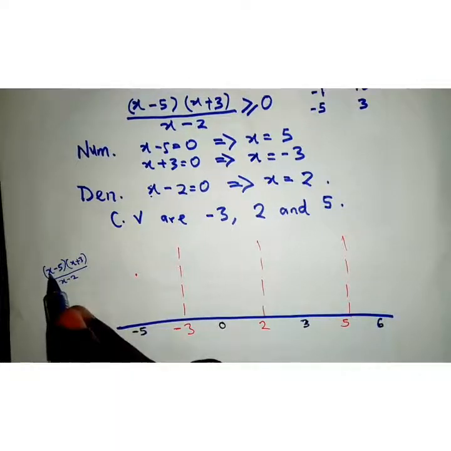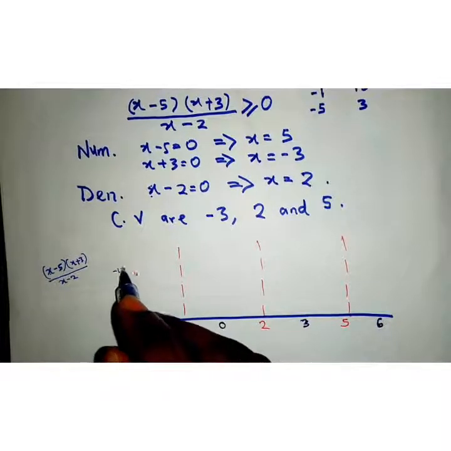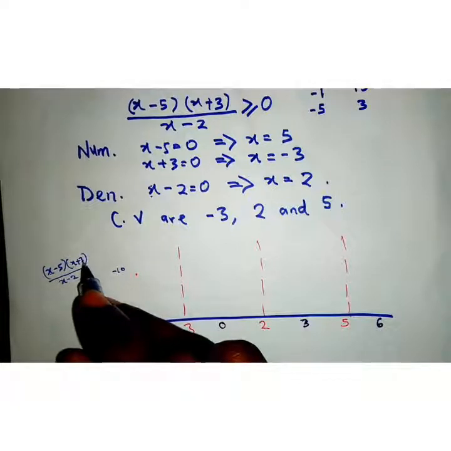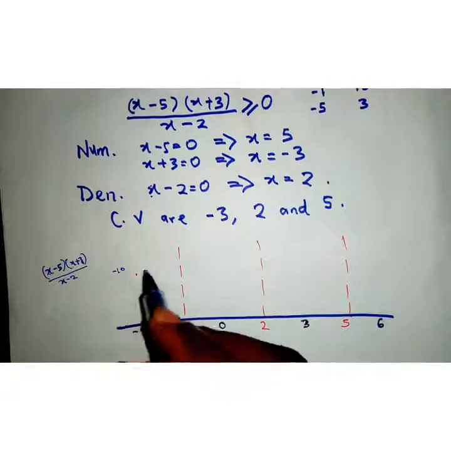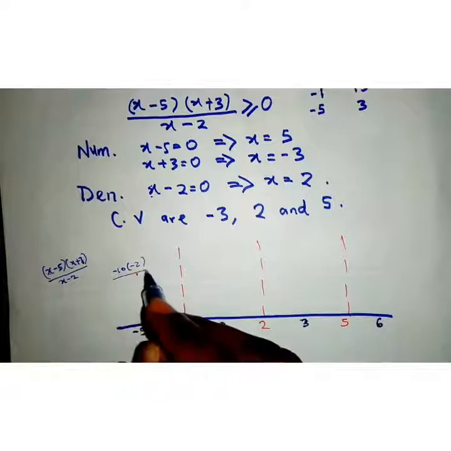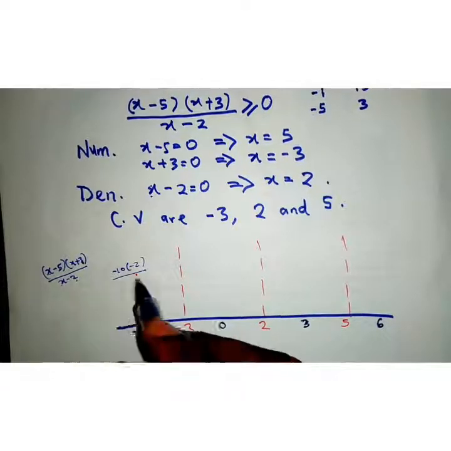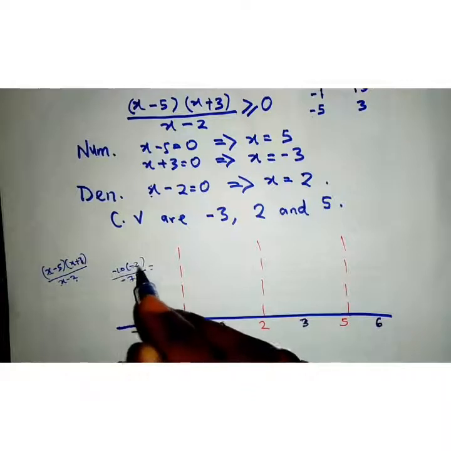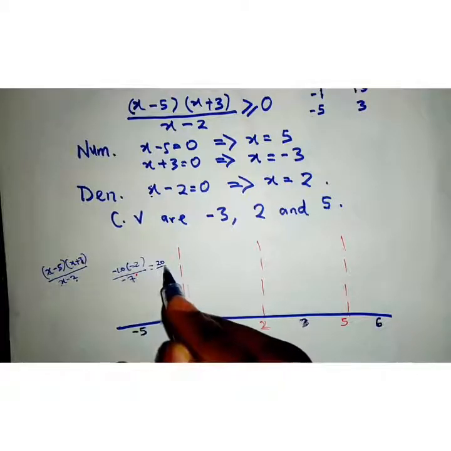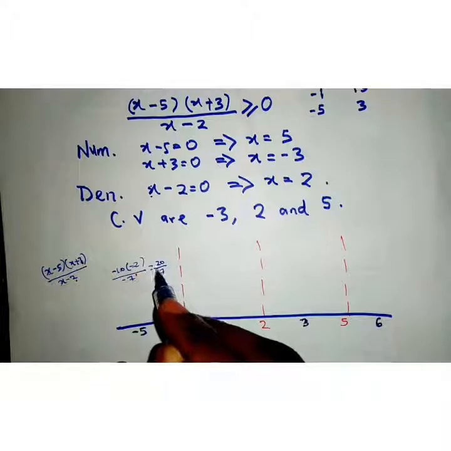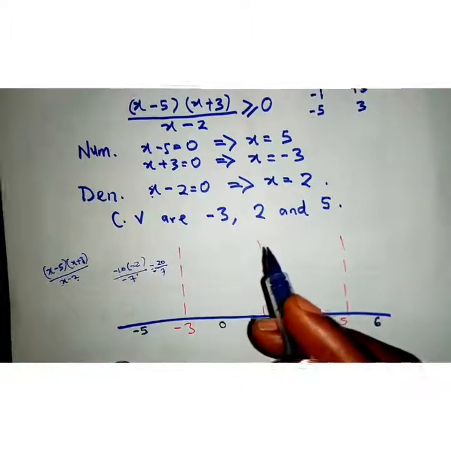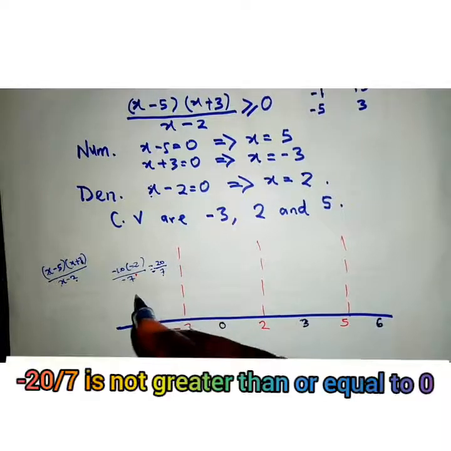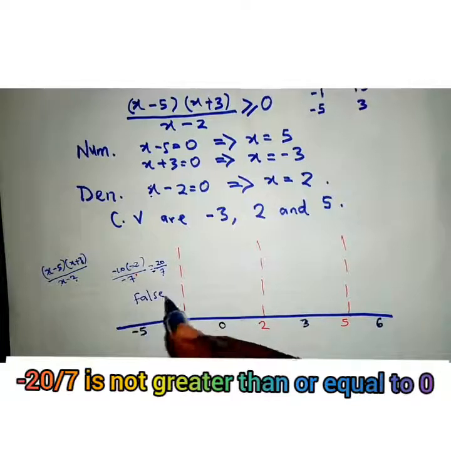So I have minus 5 minus 5, that's minus 10, minus 5 plus 3, that's minus 2, over minus 5 minus 2, that's minus 7. So I have minus 10 times minus 2, that's 20 over minus 7. That's minus 20 over 7, which is negative. So it is false in this interval.